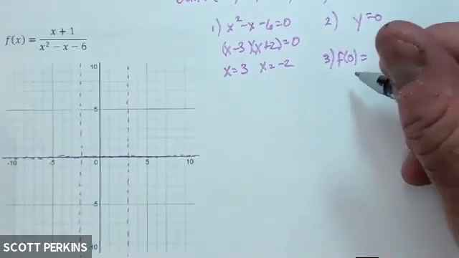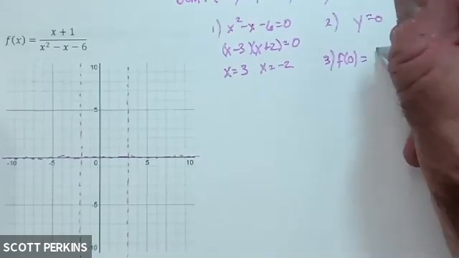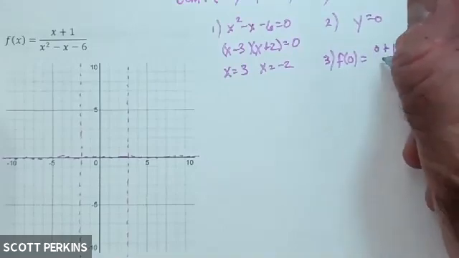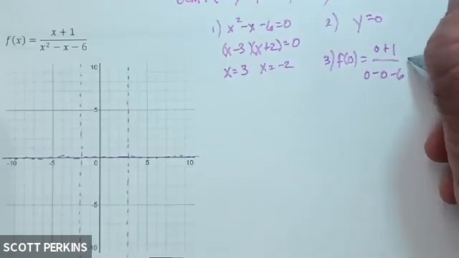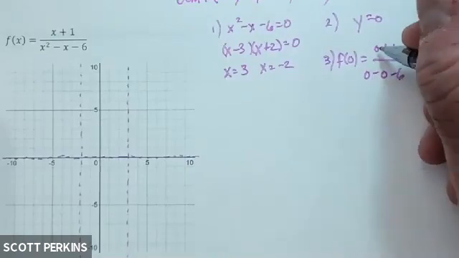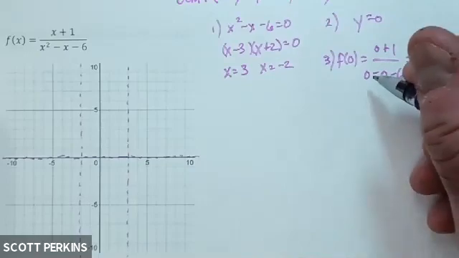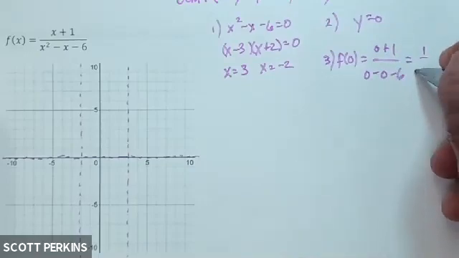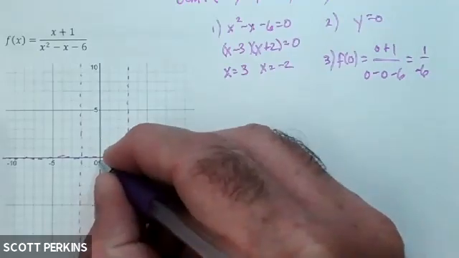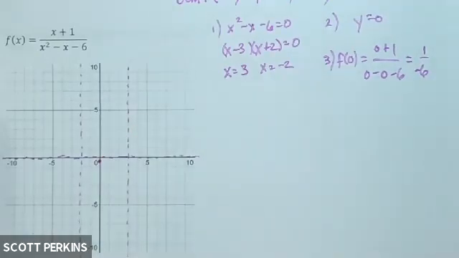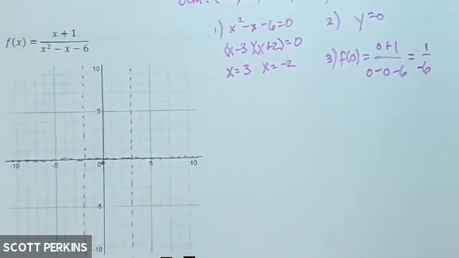All right, when I plug 0 into this, in the numerator, I have 0 plus 1. In the denominator, I have 0 minus 0 minus 6. So in the numerator, 0 plus 1 is 1. In the denominator, 0 minus 0 minus 6 is -6. So -1/6. So something just a little bit below the x-axis. So I'm just going to make a dot there for funsies.